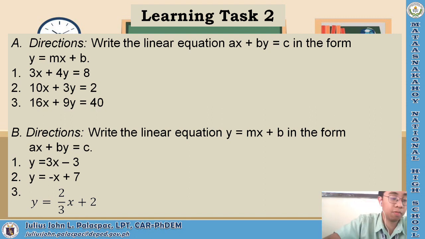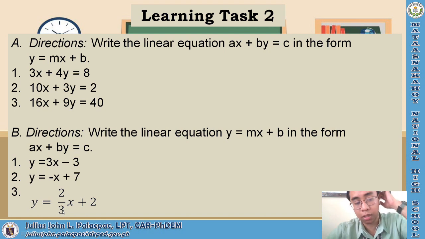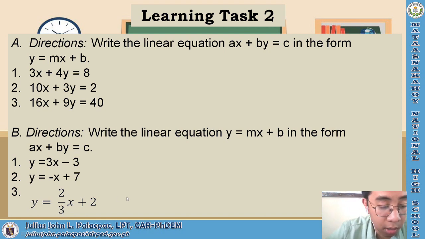To eliminate the negative on the x part, we'll multiply both sides by negative 1. So negative 1 times negative 2x becomes 2x. Negative 1 times 3y is equal to negative 3y, and positive 6 times negative 1 is equal to negative 6. So the final answer here is 2x minus 3y is equal to negative 6.